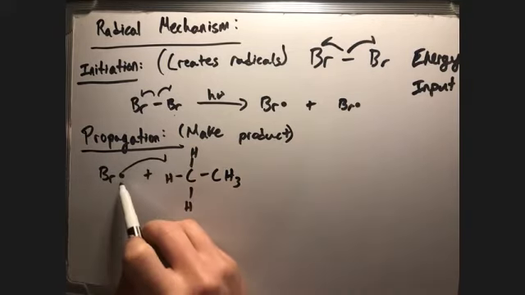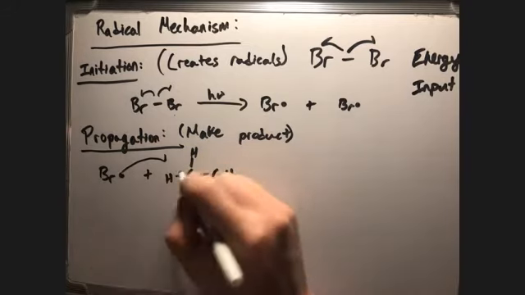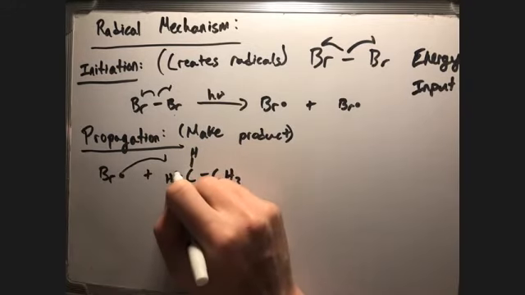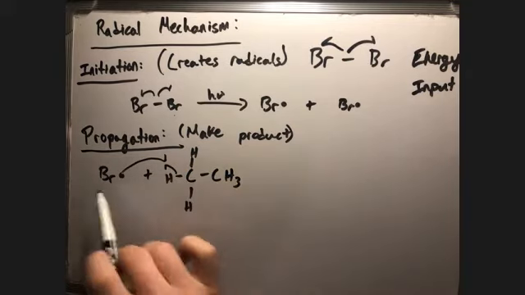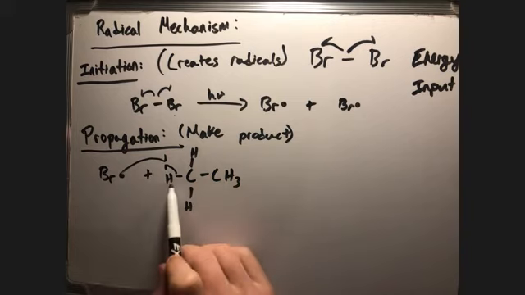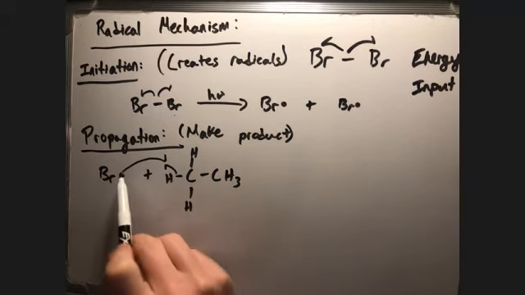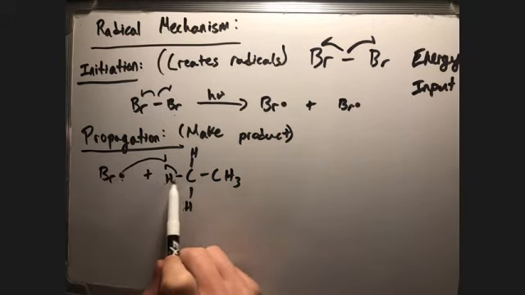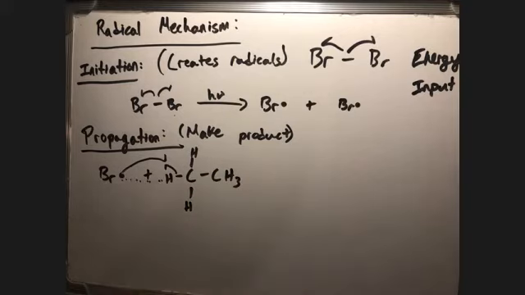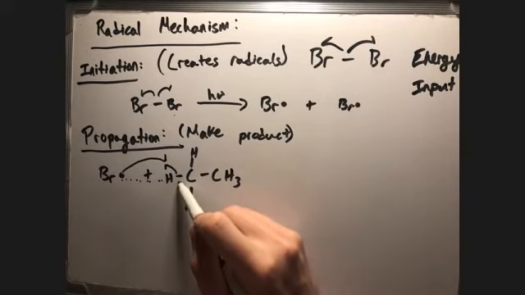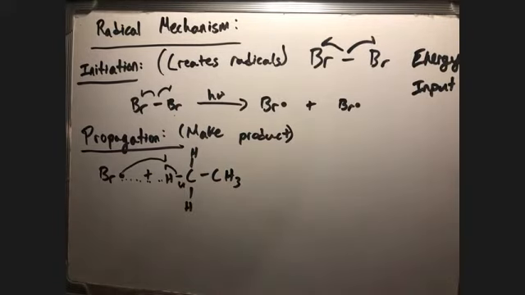So we use the 1 electron from the radical here, and then we have a homolytic cleavage, again, between this carbon-hydrogen bond, where 1 electron from this bond creates a new bond between the bromine and the hydrogen, because now we have 1 electron and 1 electron, that's 2. So that's in essence a bond like that. Then the other electron in this bond gets cleaved onto the carbon.